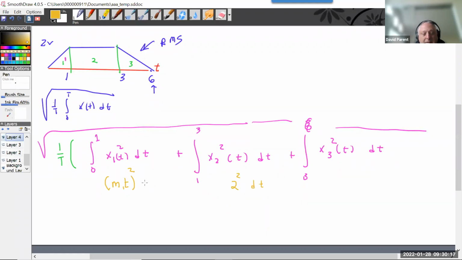I'll even put the dt's here. And here, it's really m2 t plus b squared dt. But this is a pain.